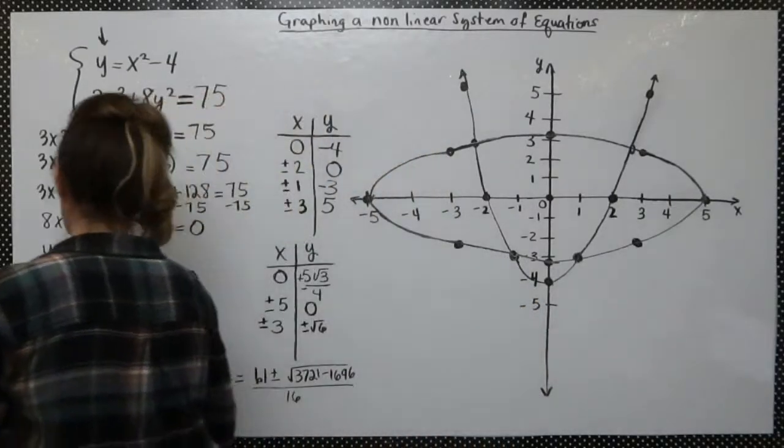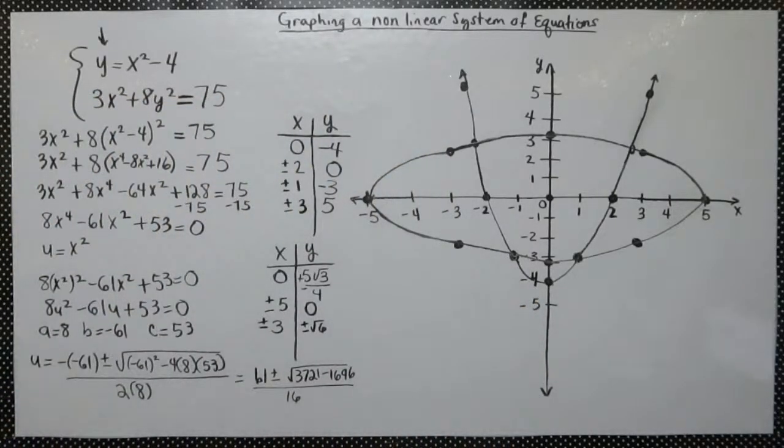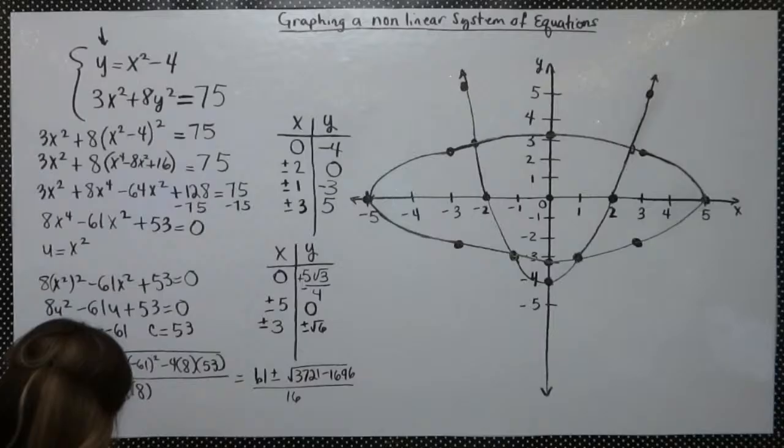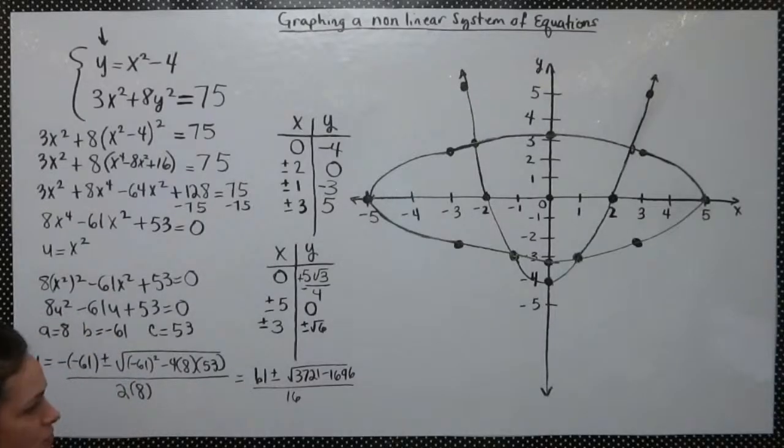See, I think if I crouch down, I can get here. A little bit of space on here. There's room. So we've got 61. Let's figure out 3721 minus 1696. That's cool. It was 2025. That was last year.